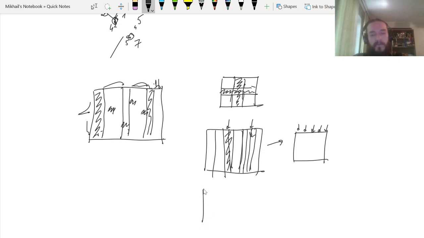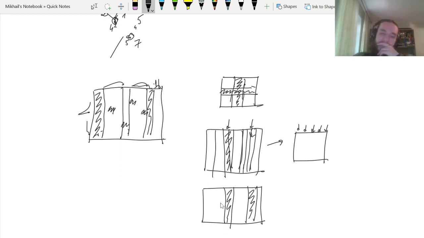But we could also have the case where we have some unbroken rows and columns, but all of them are the same color. For example, there are some rows that are black, and some columns that are black, and there can also be some rows that are black, some subset of them.